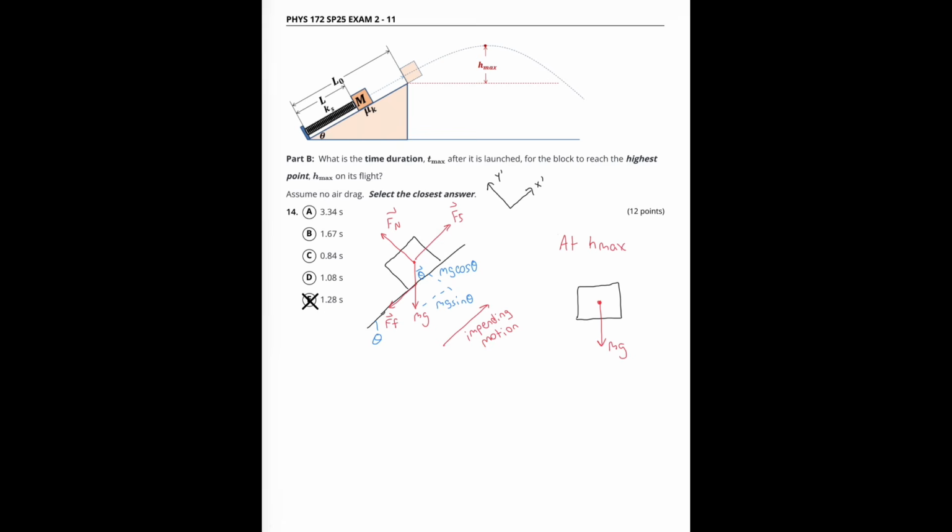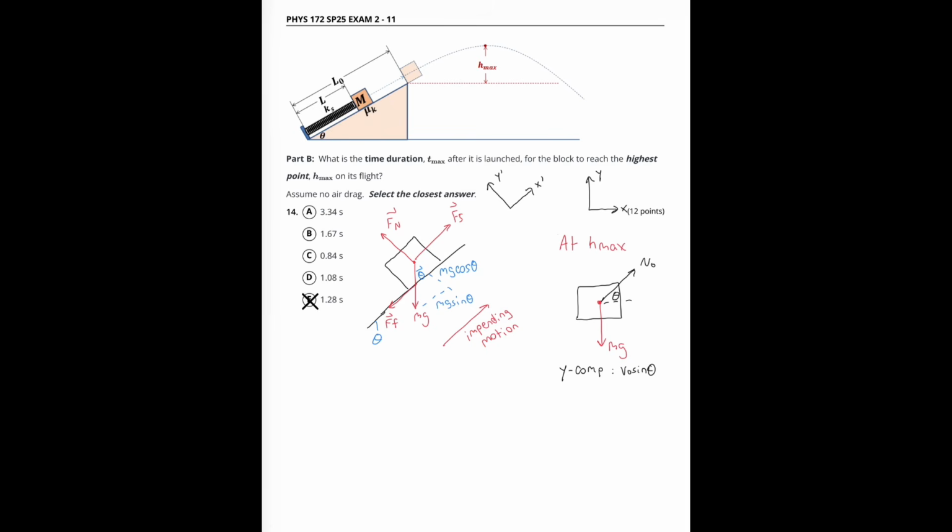And we have some velocity, v naught, that we calculated earlier, that is going at an angle of theta. So we can say our y component is equal to v naught sine theta, since mg is in the y direction, and our new coordinate system will look like this: positive x, positive y.